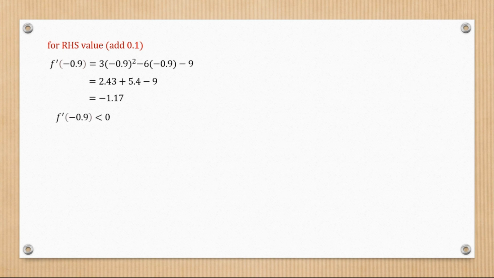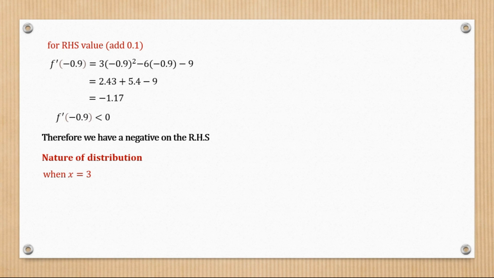Let's look at its right hand side. We're going to add the value 0.1, so when I add 0.1 to it, I'll get negative 0.9. When I plug that into the equation, I'll have it as negative 1.17, which is a negative. So this value is less than 0, and therefore we have a negative on the right hand side.